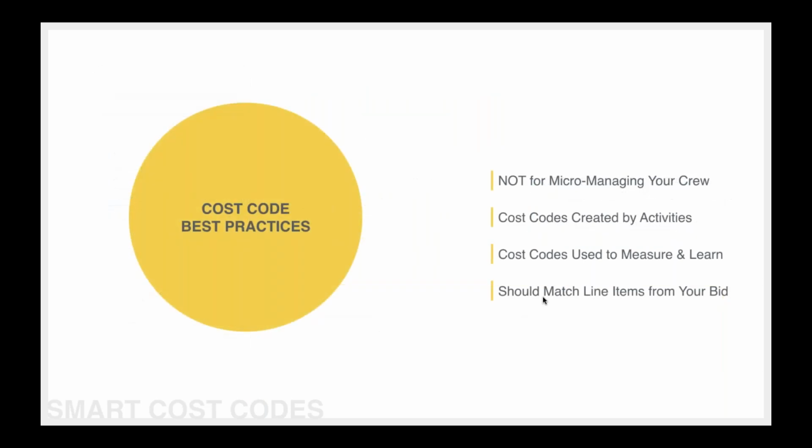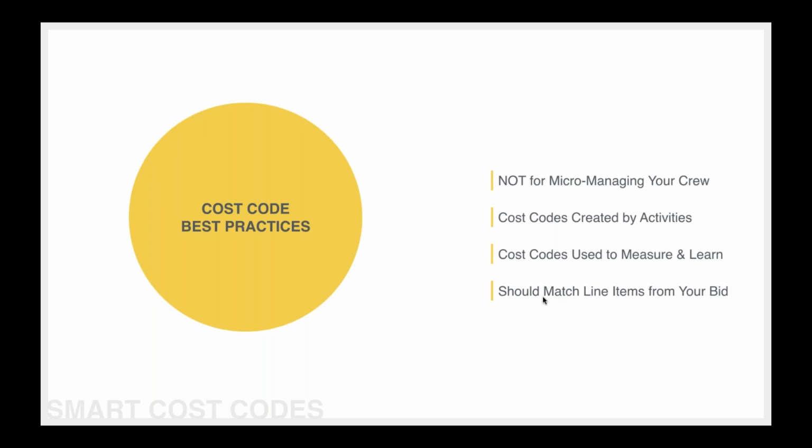Don't use the data to micromanage your employees. You're just going to wear them out. And to be honest with you, too much of this stuff is going to take away from their primary activities or their productive time. Second, track the actual activities your guys are performing.